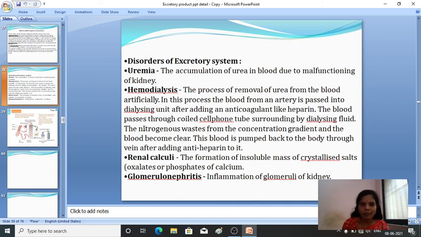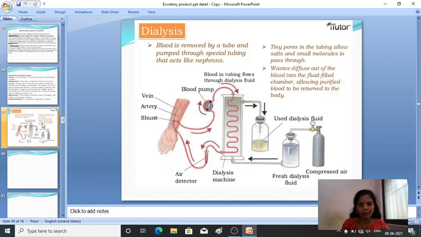Then the blood passes through the coiled cellophane tube which is surrounded by the dialyzing fluid. Then the nitrogenous waste moves along the concentration gradient and the blood becomes very clear. Then the blood is pumped back to the body through the vein after adding the heparin to it.